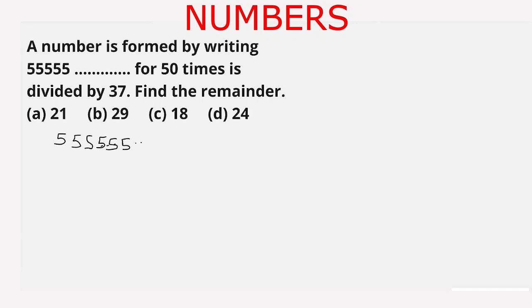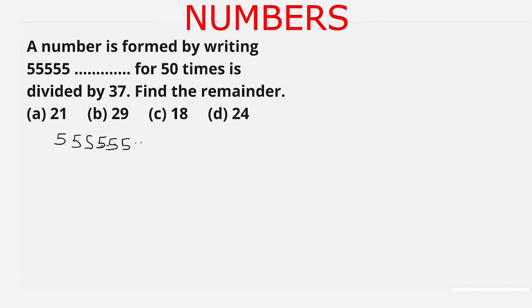So this number is divisible by 37, and if the number is formed by writing a digit for a multiple of 6 times, that is 12 times, 18 times, 24 times and so on, then that number is also divisible by 3, 7, 11, 13 and 37.